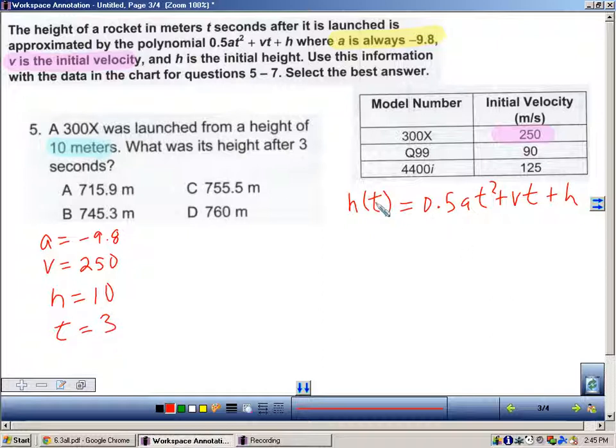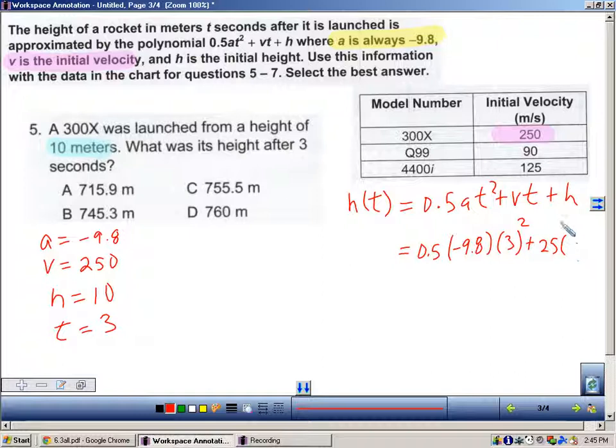H of t is the height, where h is the starting height, so it's a different value, right? So the final height would be, substituting, velocity is 250, 3 seconds.